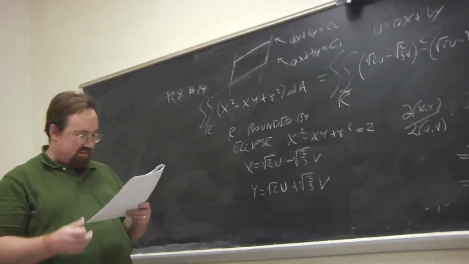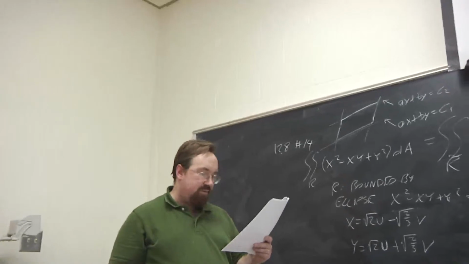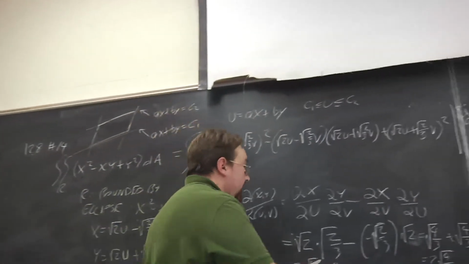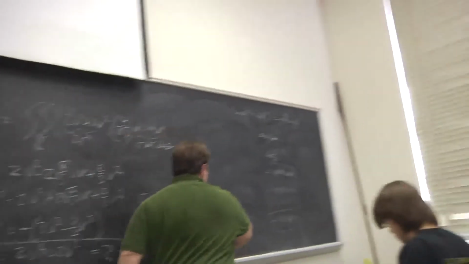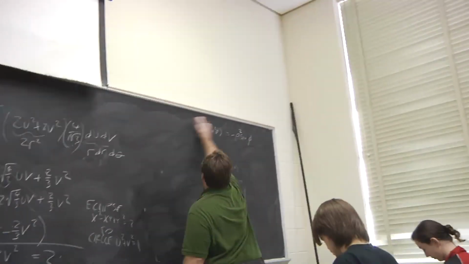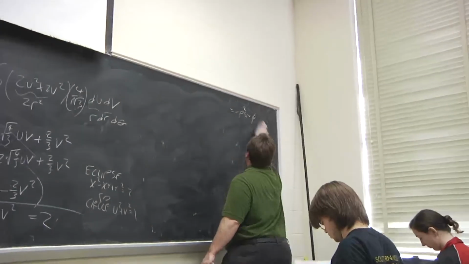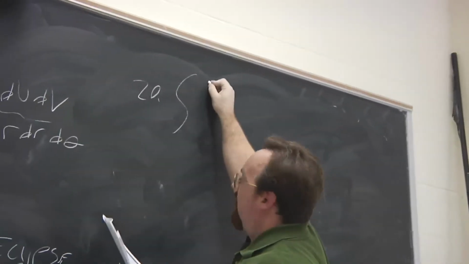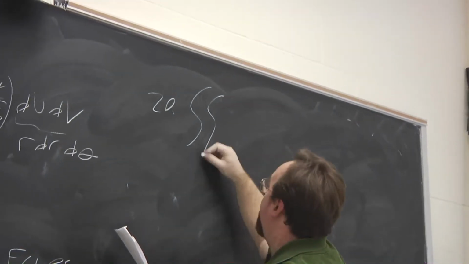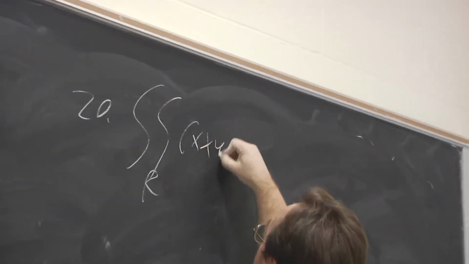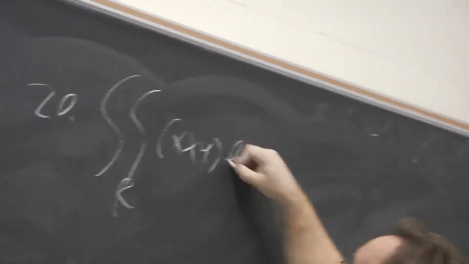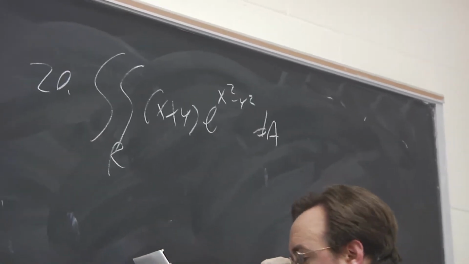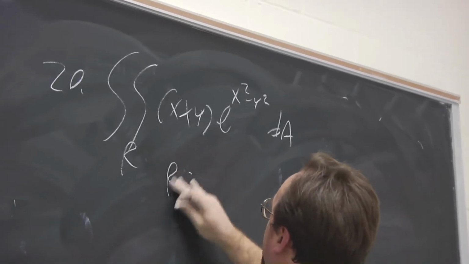All right. Actually, this next example, which I have a few minutes for, illustrates what I was just talking about. This is from the same section, number 20. So we have the integral of x plus y times e to the x squared minus y squared, where R is a rectangle.